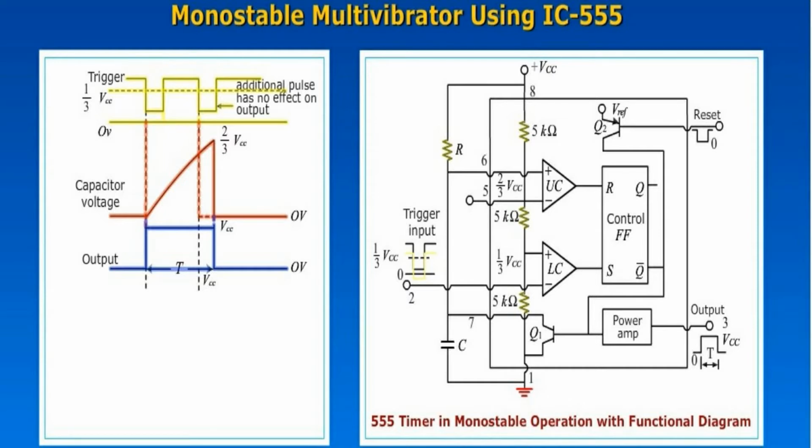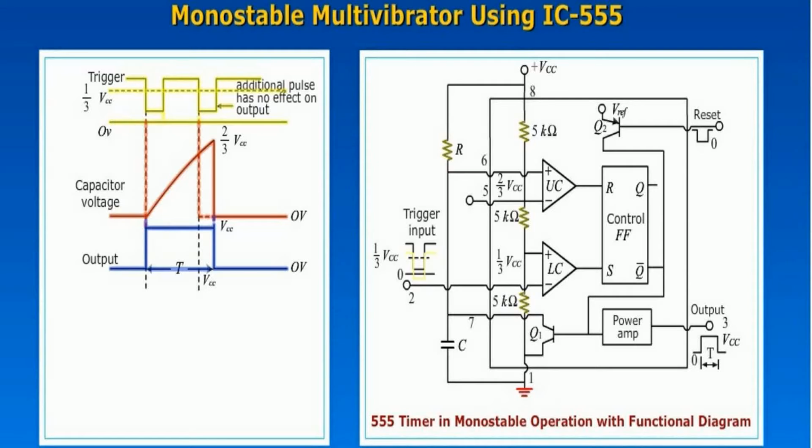So SR flip-flop output Q goes to 1 and Q bar equal to 0. Here the Q bar is fed to the power amplifier. In monostable multivibrator, the power amplifier acts as the inverter, hence the monostable multivibrator output goes to the high.